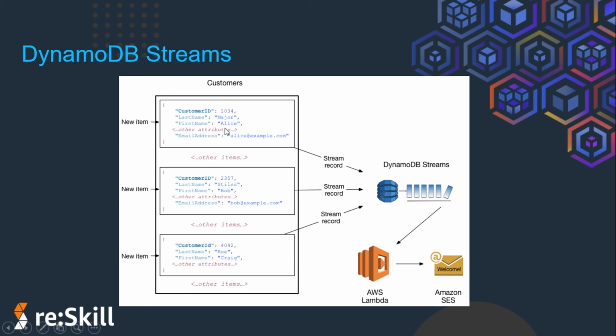So what you do, you enable the DynamoDB streams. Whenever a new customer registers and his entry gets stored in the DynamoDB table, it will be captured, stored in the streams, which will be fetched by the AWS Lambda function, which will communicate with Amazon SES to send a welcome email to that particular email address which is stored here.